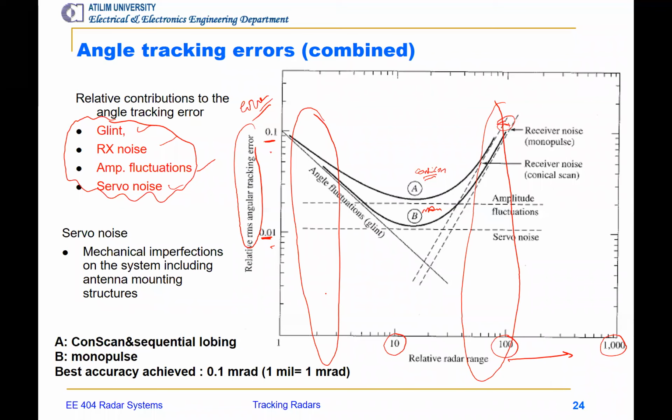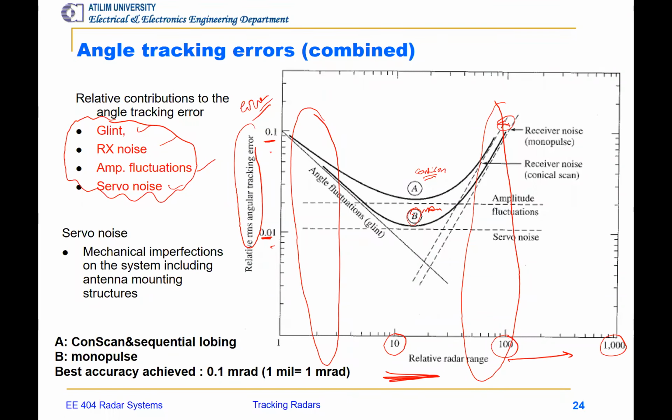For very short range, the three trackers, conical scan, sequential lobing, and monopulse, have similar performance. Their errors are the same. But at mid-range, you see, monopulse is quite much better than conical scan and sequential lobing.